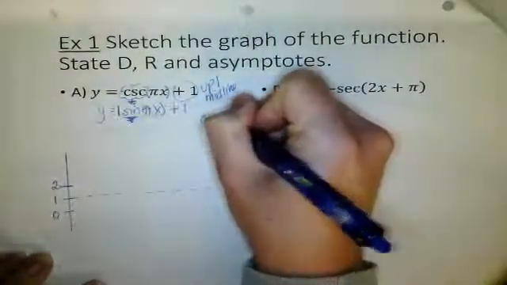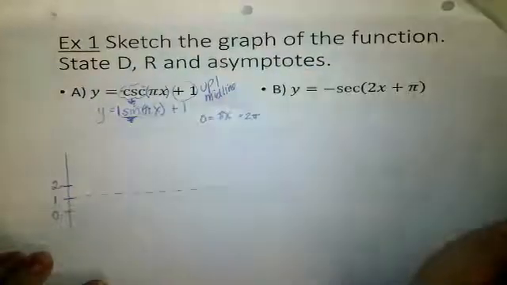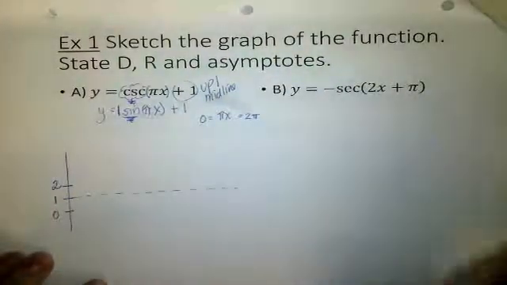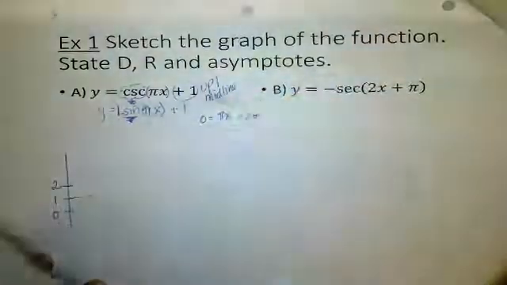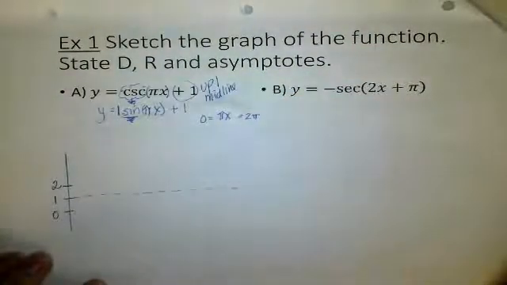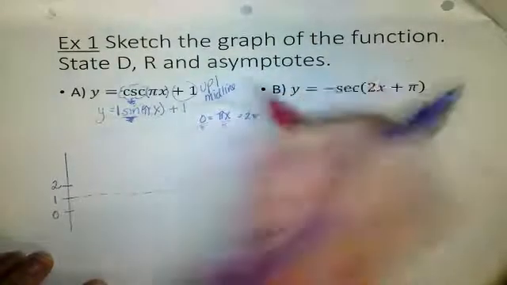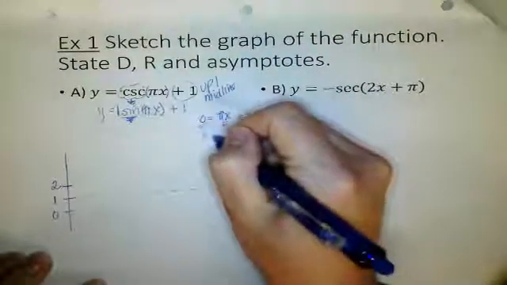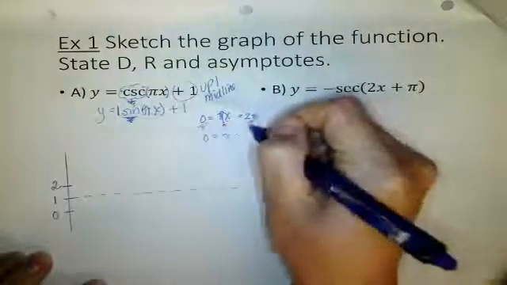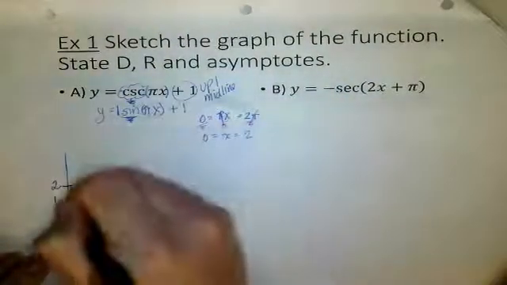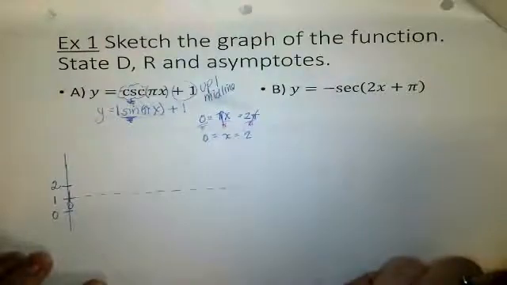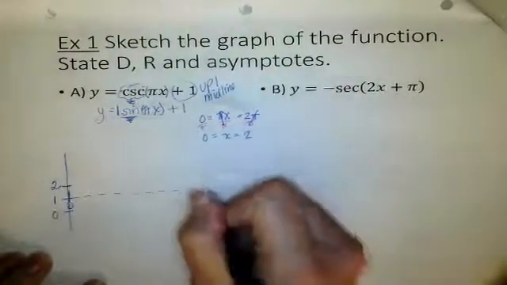So I take all that stuff on the inside with x and solve for the beginning and the end. So I'm just going to divide by pi. And we get 0 equals x, which equals, cross out the pi's, 2. So this one starts at 0 and ends at 2.